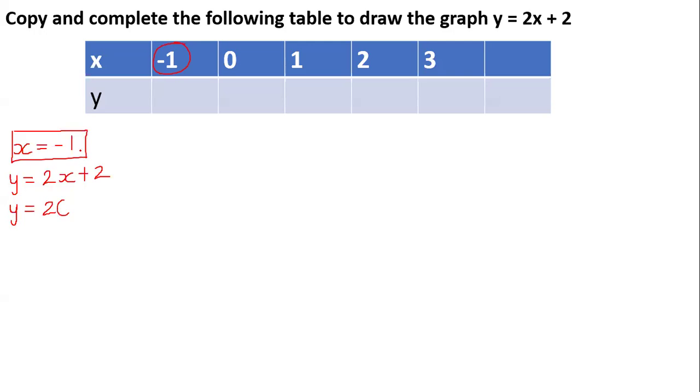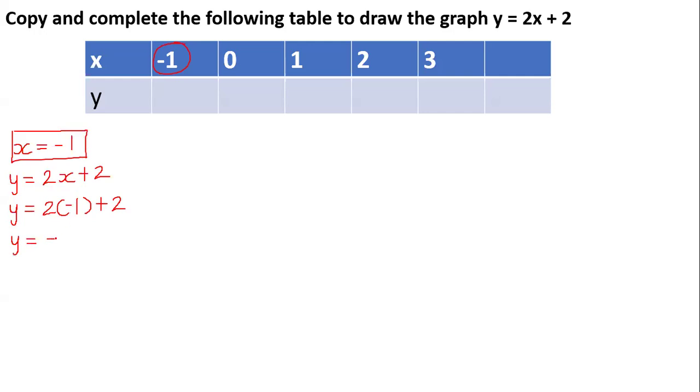Wherever we see x, we're going to put negative 1, right? So it's negative 1 plus 2. Very good. So y is equal to, what is 2 times negative 1?